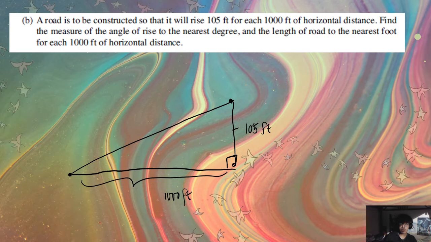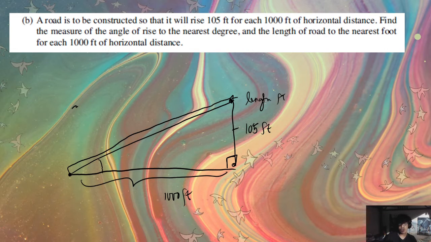If this is the slope or the ramp where the road is, the road should be here. We need to find its length in feet, and what is the angle of the rise?